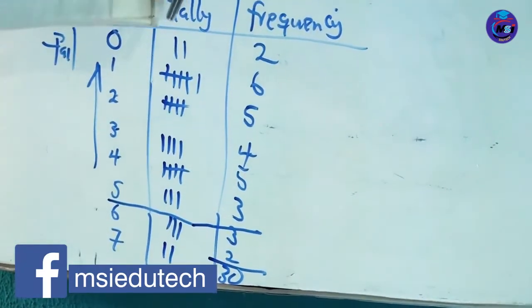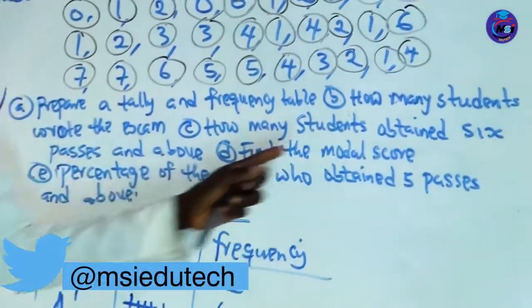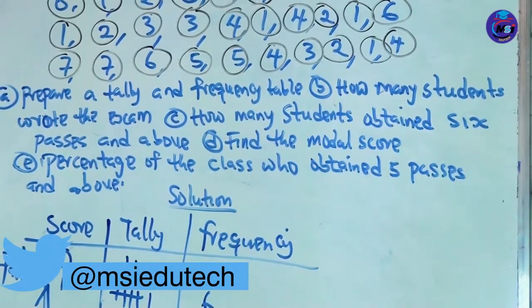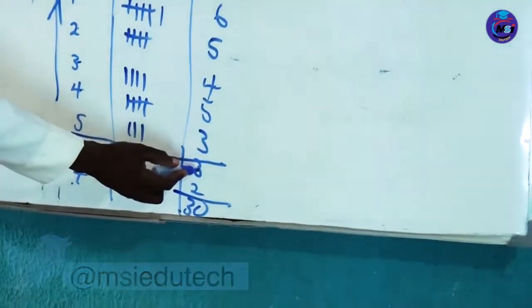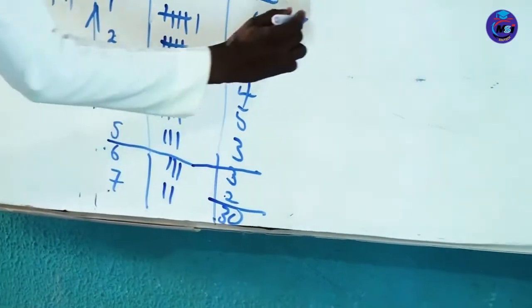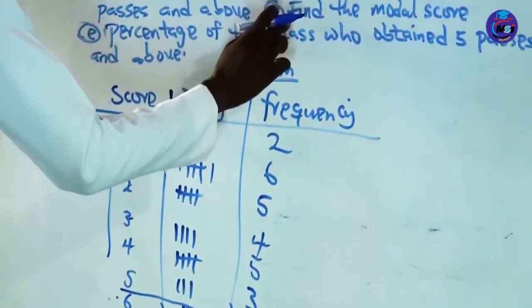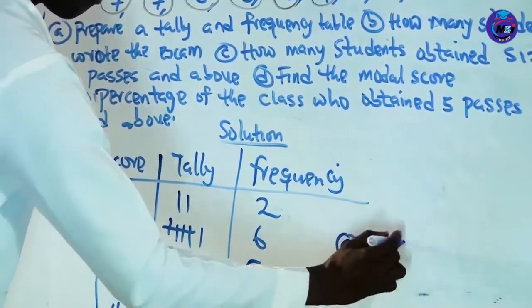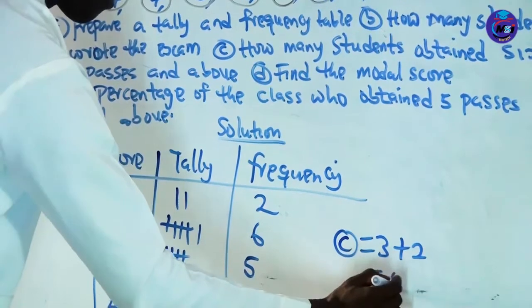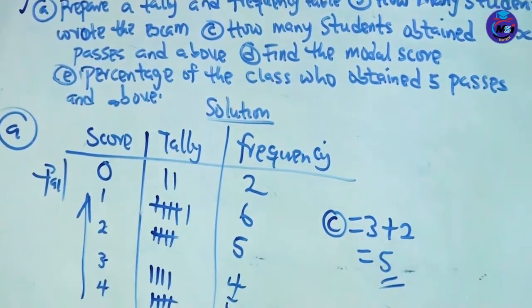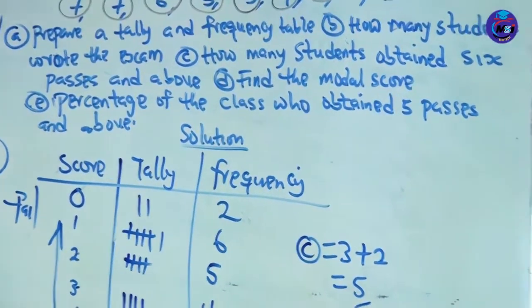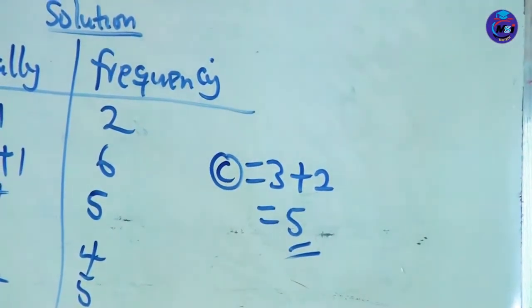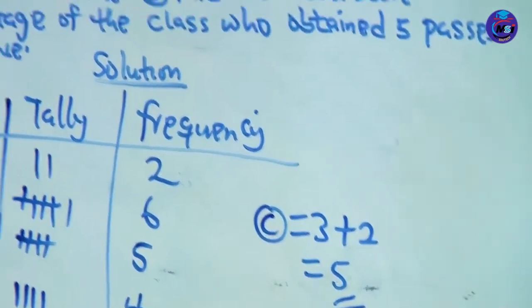Because the question is, how many students obtain 6 passes and above? So from 6 to 7, we have 3 and 2. That means the answer for C will give us 3 plus 2, which is 5. So that means 5 students passed the test, if the pass mark is 6 and above.